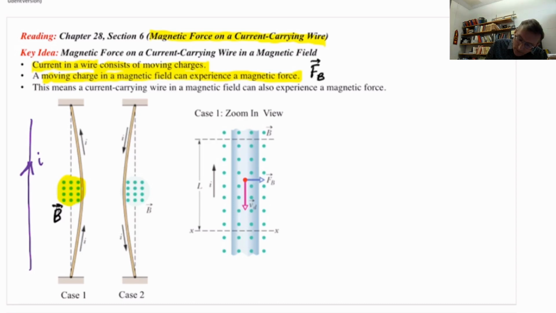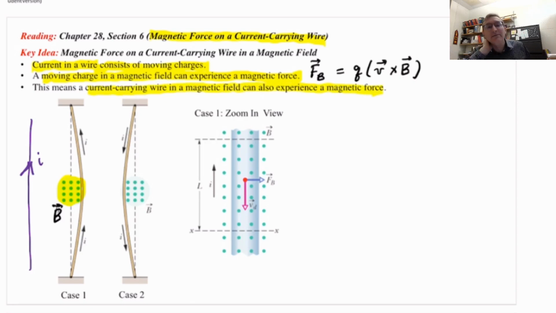F_B equals q times v cross B. That is the most important idea in chapter 28. Well, then that means that the current carrying wire in the magnetic field can also experience a magnetic force because current is moving charge. Okay?